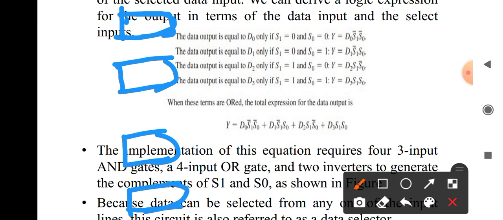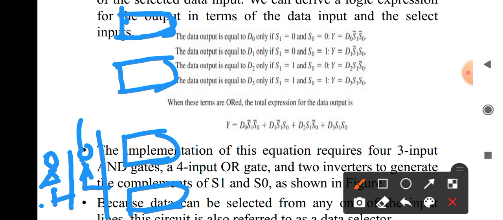And I require NOT gates also. So I can give the NOT gates for the selector lines. The selector lines I can place like this: this will be your S1 and this will be your S0.